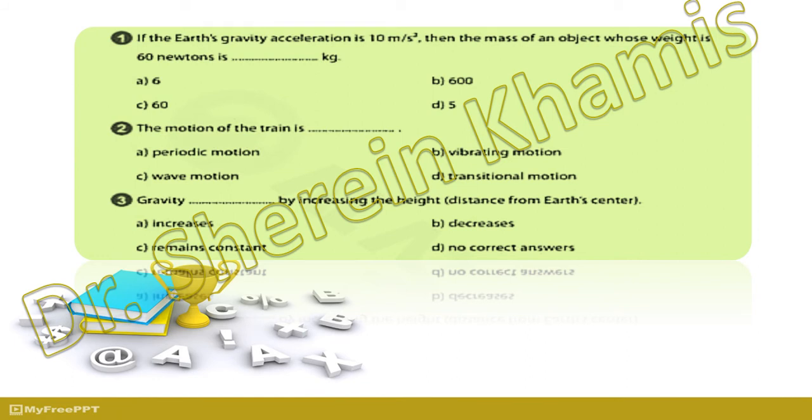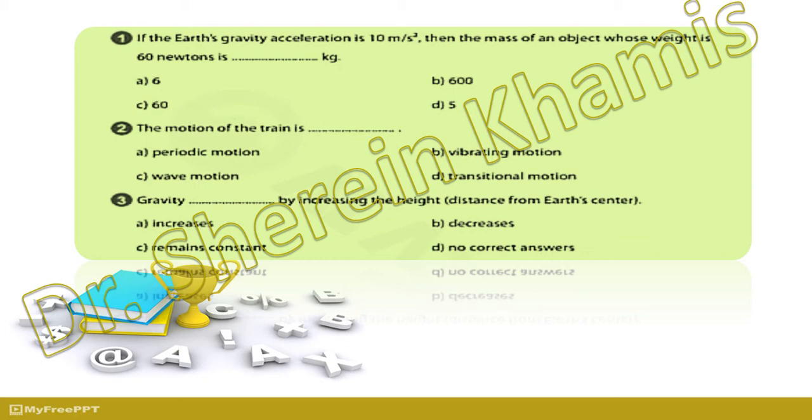Question number 1. If the Earth's gravity acceleration is 10 meters per second squared, then the mass of an object whose weight is 60 Newton is what kilogram? Okay, we have the rule that weight equals mass times gravity acceleration. We have the weight, 60 Newton, and the gravity acceleration, 10 meters per second squared.